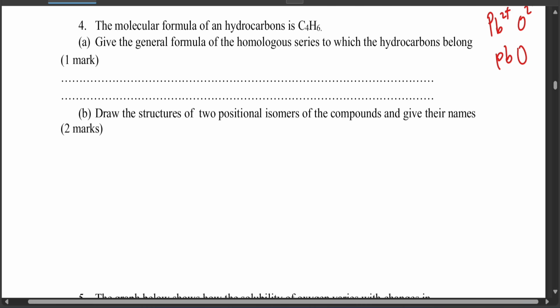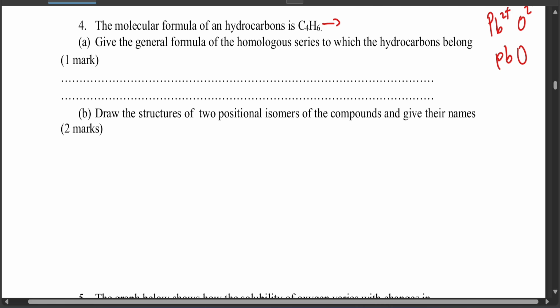So question 4, the molecular formula of a hydrocarbon is C4H6. Give the general formula of the homologous series to which the hydrocarbon belongs. Now this one, it can't be butane, but instead it is butyne.